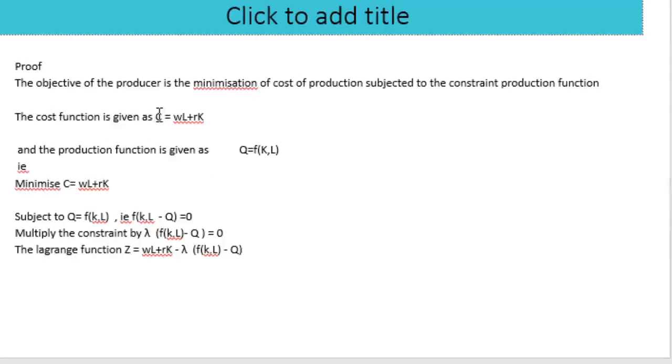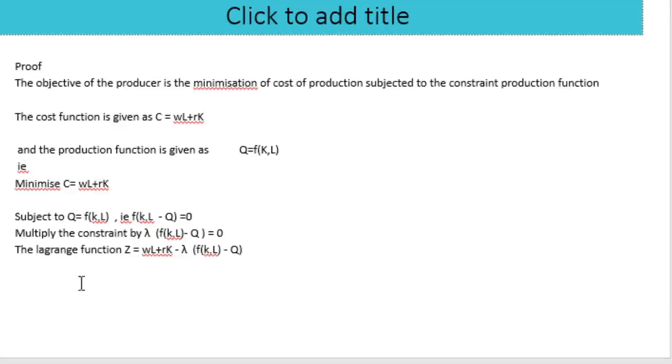The cost function is given as C equal to WL plus RK, and the production function is given as Q equal to a function of K and L. That is, minimize C equal to WL plus RK subject to the production function Q equal to f(K, L). Then the constraint can be written as f(K, L) minus Q equal to 0, and then multiply this by lambda, that is lambda into f(K, L) minus Q equal to 0.